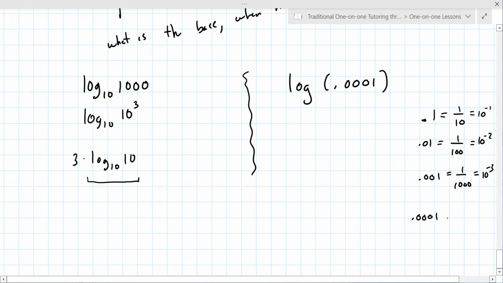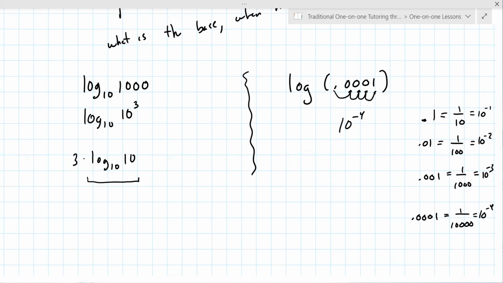You probably do more of this if you've taken a chemistry or physics class. But every time you move the decimal once, twice, 3 times, 4 times, you get a minus 4 there. So what would this equal?